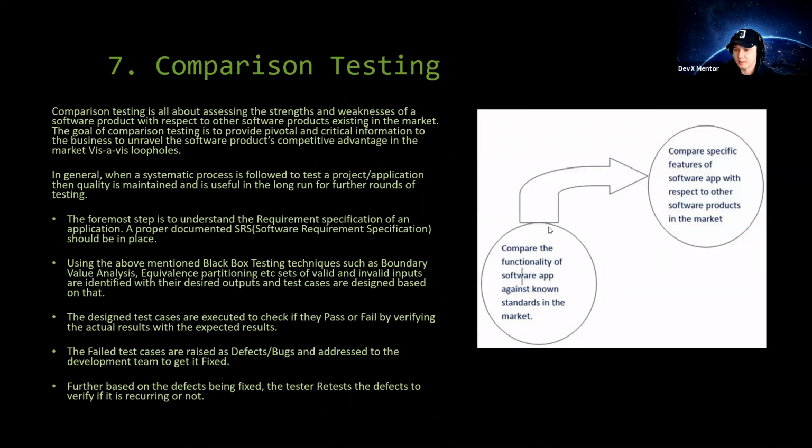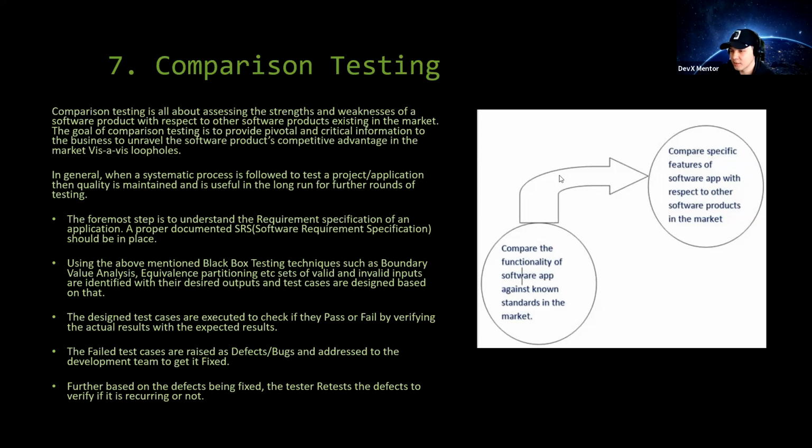So let's take an example. For example, you're working on eBay and you're checking the listing page, and you want to compare it with Amazon. You go to the Amazon website and check how it's done there, compare it with how it's done on your website, and try to understand whether it is what we expected.